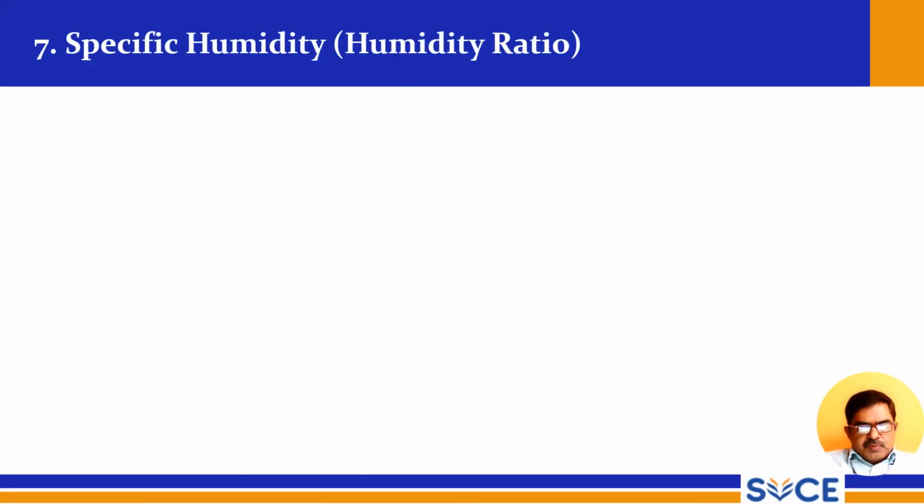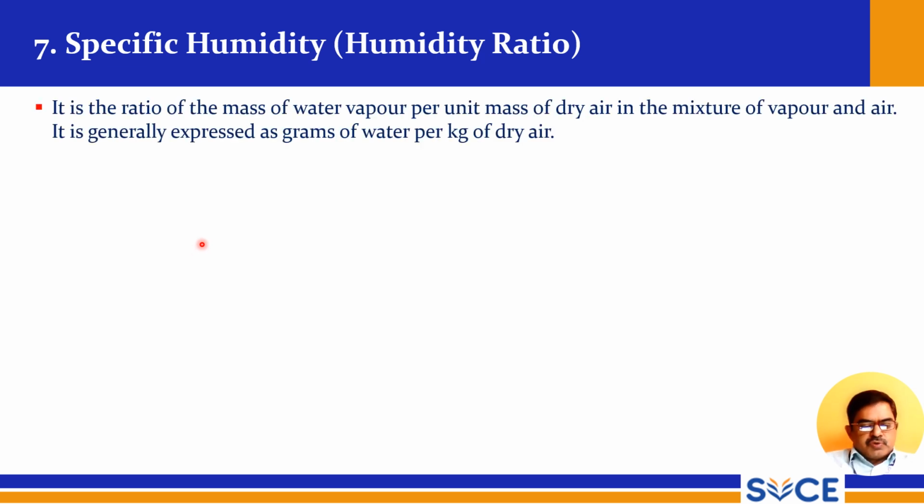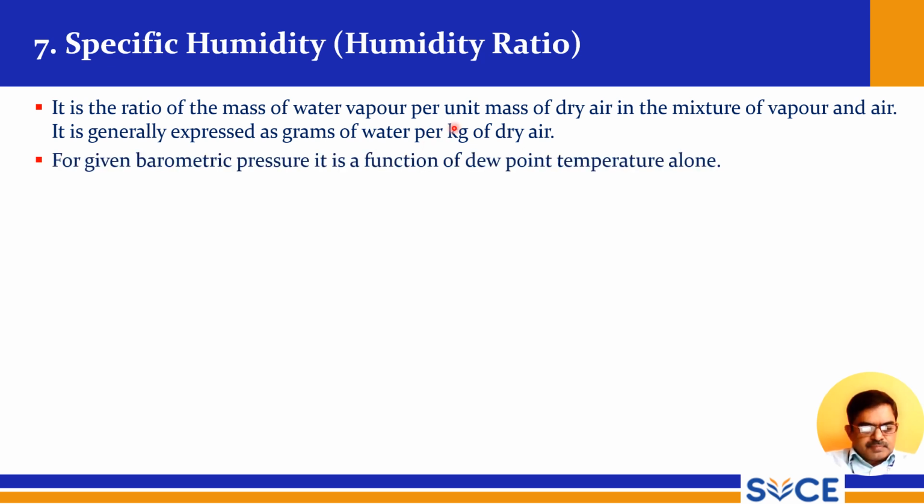So specific humidity is also known as the humidity ratio. We have seen the humidity in an earlier slide as the fifth point. It is the ratio of mass of water vapor per unit mass of dry air, so per kg in the mixture of vapor and air. It is generally expressed as grams of water per kg of dry air.